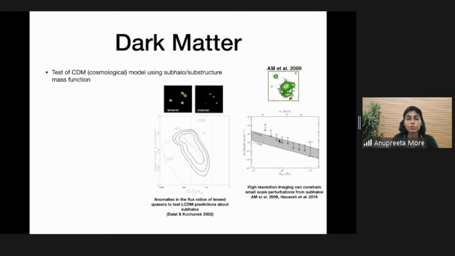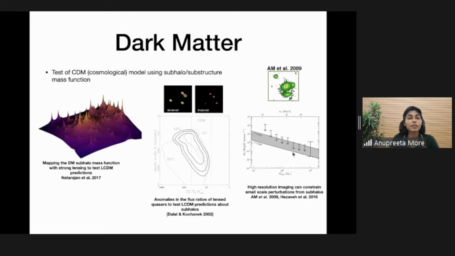So this kind of plot shows the possibility that one can put constraints on the subhalo mass function.